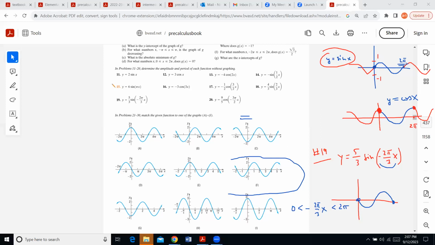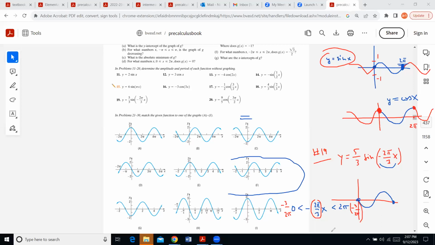That's the standard procedure, 0 and 2 pi, because the period is 2 pi. And then I'm going to need to pull x out. To do this, I'm going to have to use the reciprocal of this fraction, which is going to be negative 3 over 2 pi, and multiply each part of my inequality by that reciprocal.